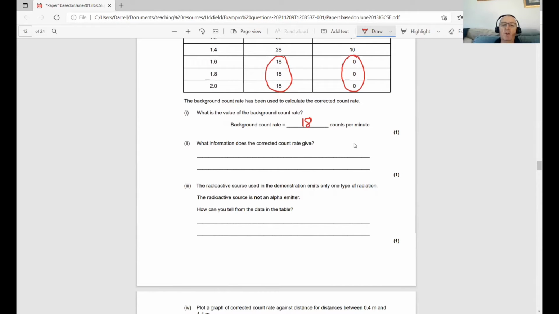So what information does the corrected count rate give? Well, that is the activity, perhaps, or the count rate, which is due to the source alone. There's no component of background radiation in the corrected count rate.